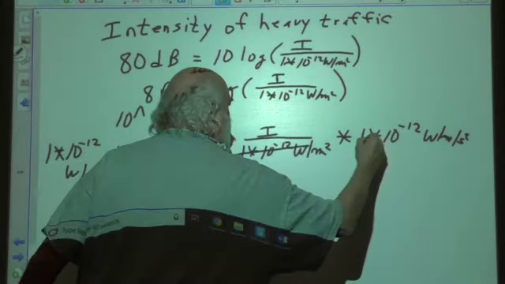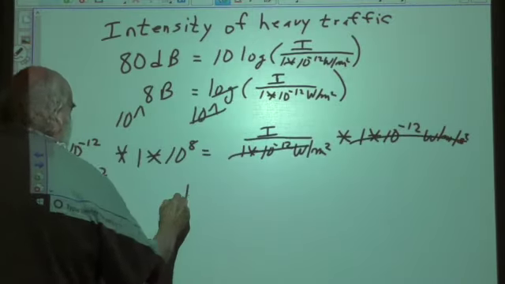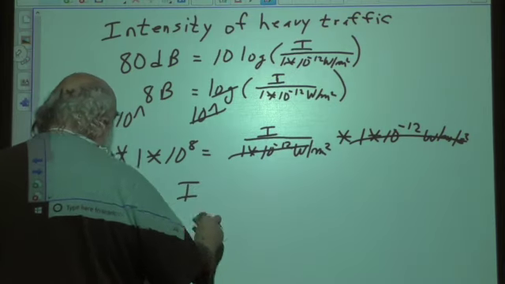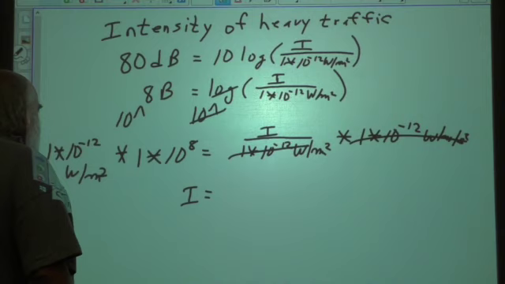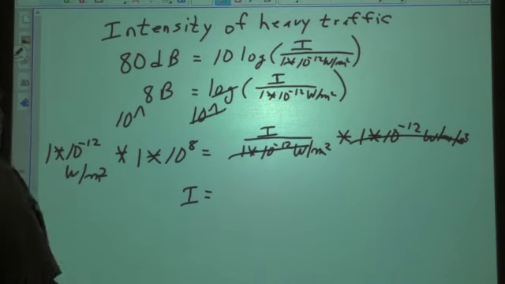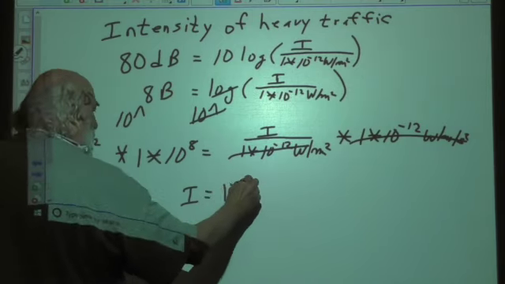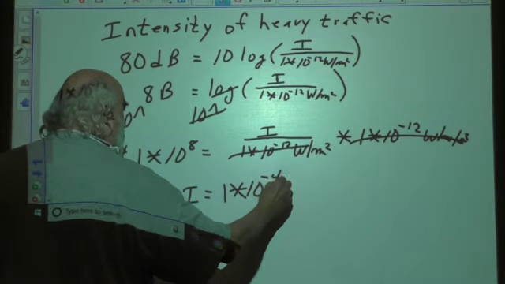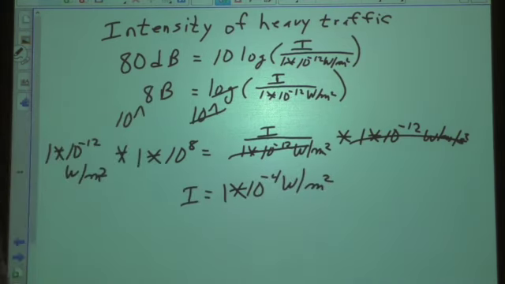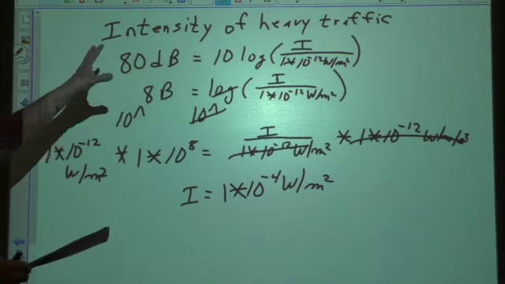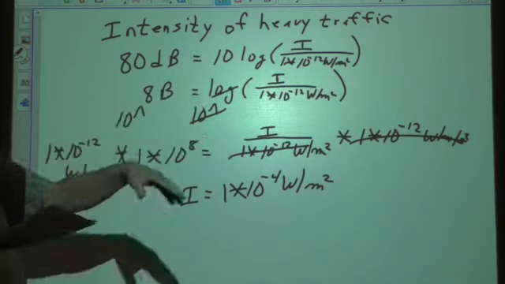So these cancel out here, and our intensity is equal to 1 times 10 to the negative 4 watts per square meter. Okay, so that's how we would handle going from decibels to actual intensity.